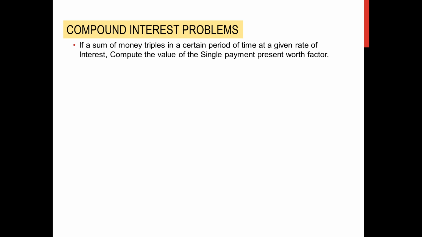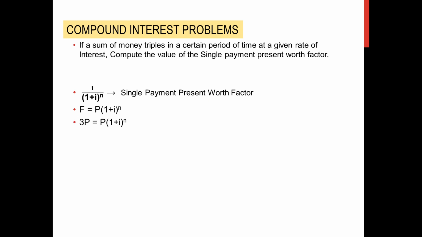If a sum of money triples in a certain period of time at the given rate of interest, compute the value of the single payment present worth factor. So this is our expression for the single payment present worth factor. Okay, wherein in the formula, your future is the triple of P. Okay, the principal tripled.